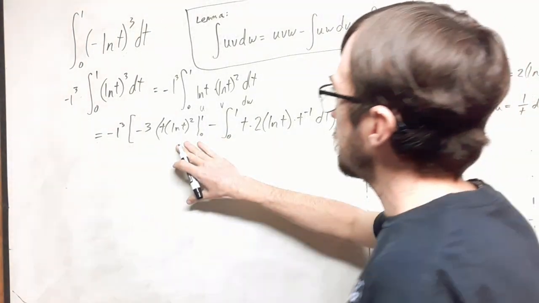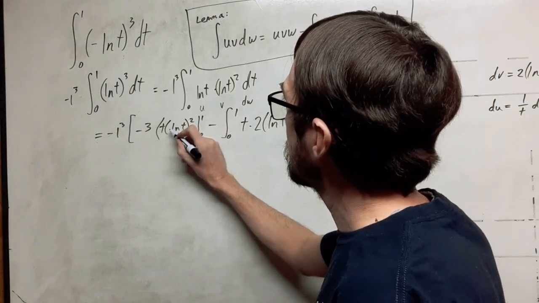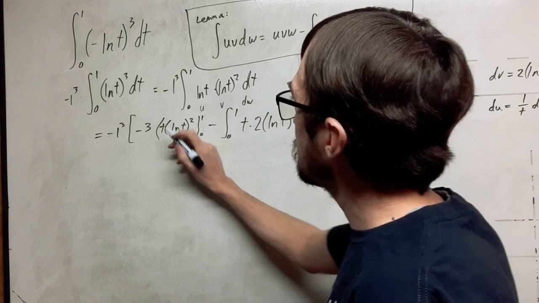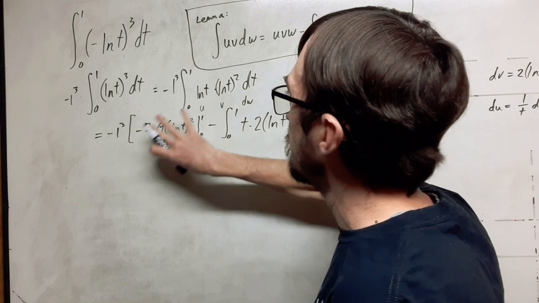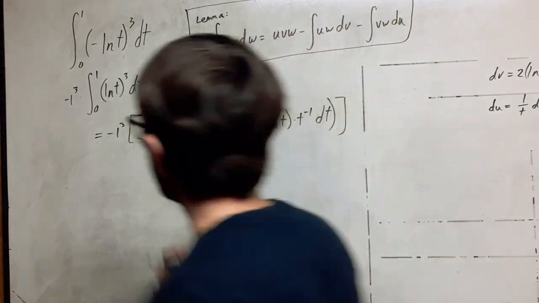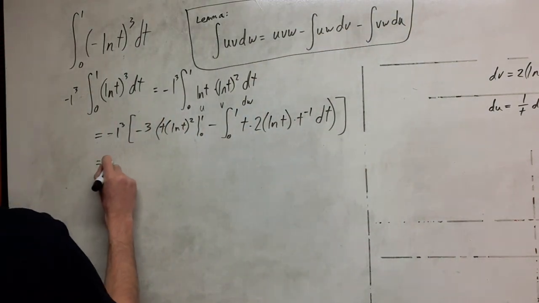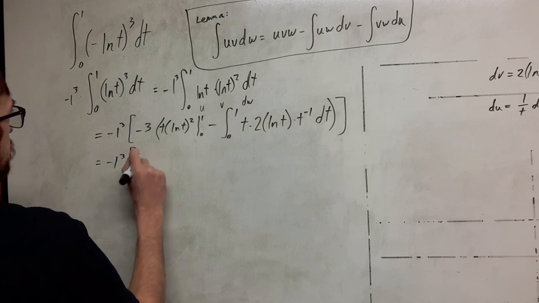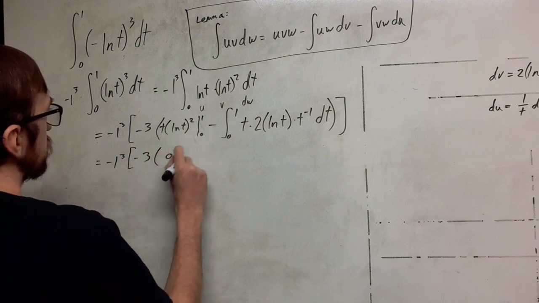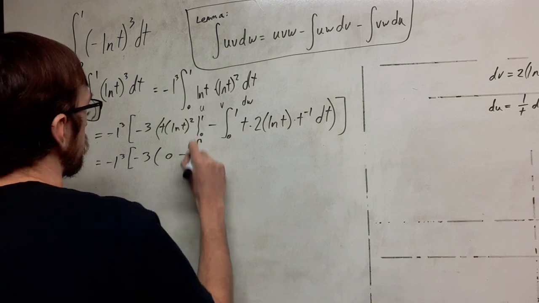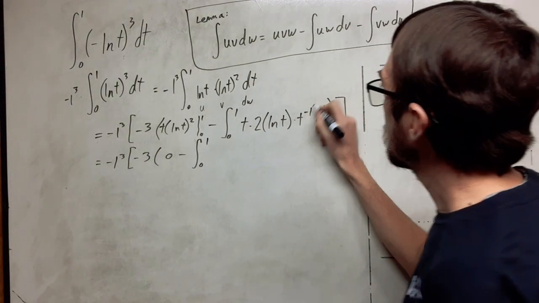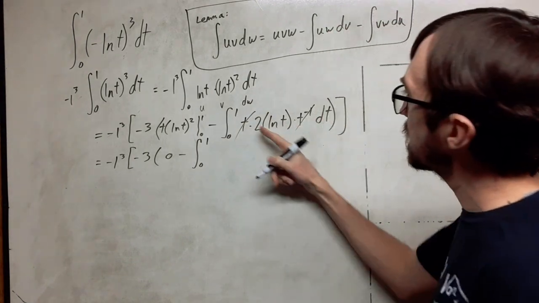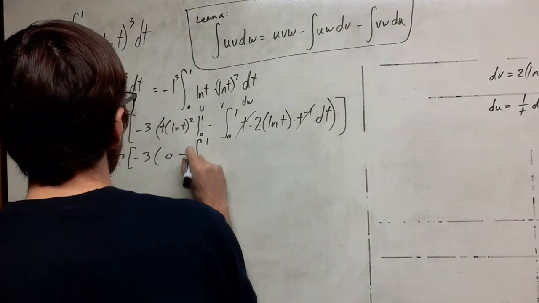So first of all, evaluating over here, if we plug 1 into this, this is going to go to 0. If we plug 0 into this, this also goes to 0. So we have a 0 contribution coming out of that. As we look over here at this integral, this t and that t are canceling. The 2 we can move through the integral.